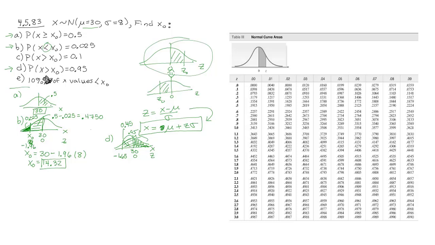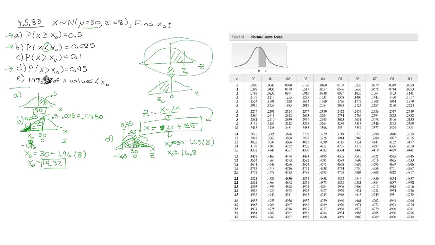Now, just like before, we use this formula to figure out what our actual value of x naught is. So x naught is approximately 30 minus 1.65 times 8, which gives me 16.8.